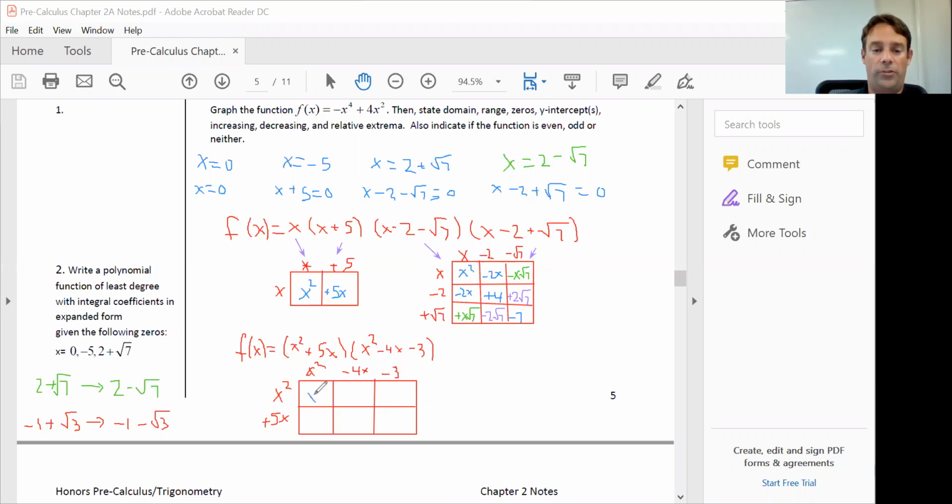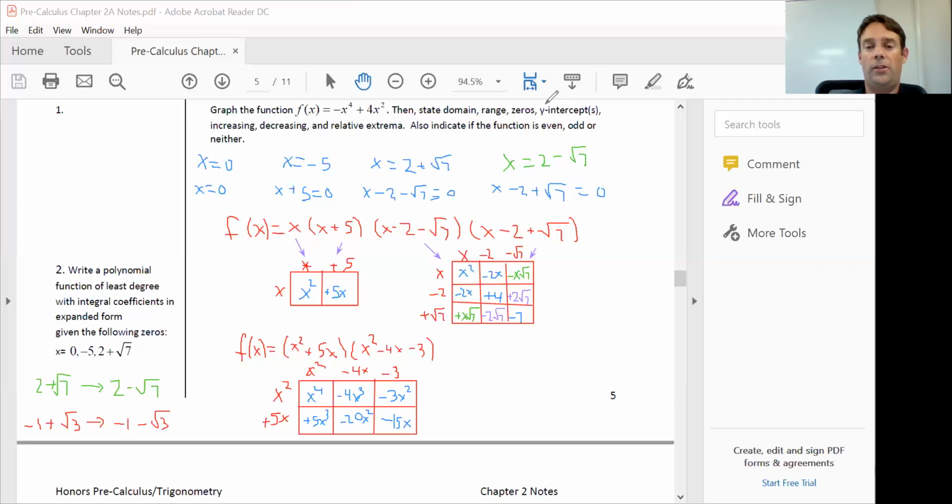So x squared times x squared, that's x to the 4th, minus 4x cubed, minus 3x squared, plus 5x cubed, minus 20x squared, minus 15x.